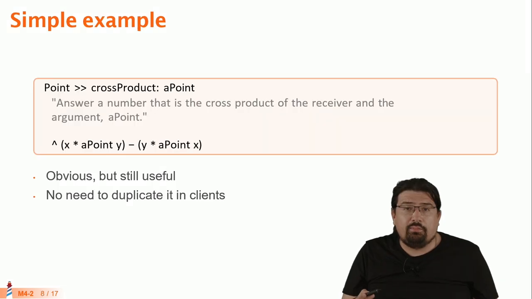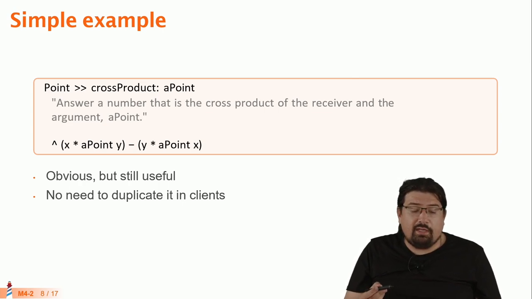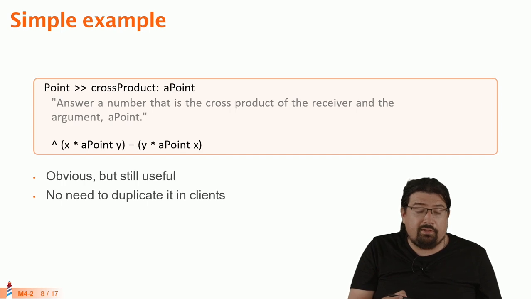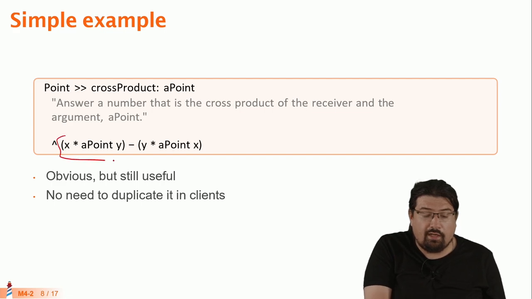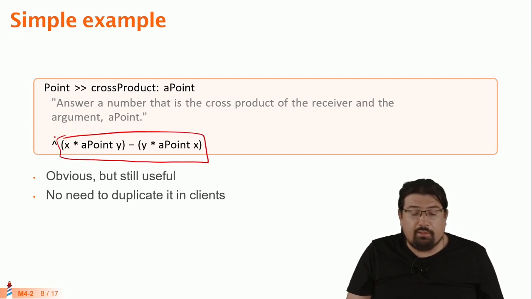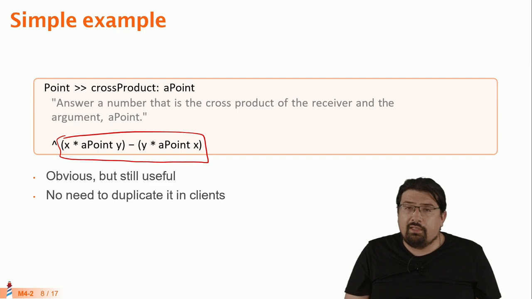Let's see a simple example that shows why we want this rich API and rich operations from the client point of view. Let's imagine we want to implement the cross product. It's quite easy, as we can see in the implementation in Pharo. It's a really simple implementation, but it's still useful.